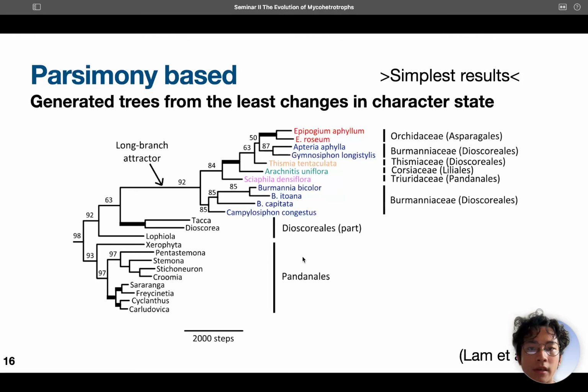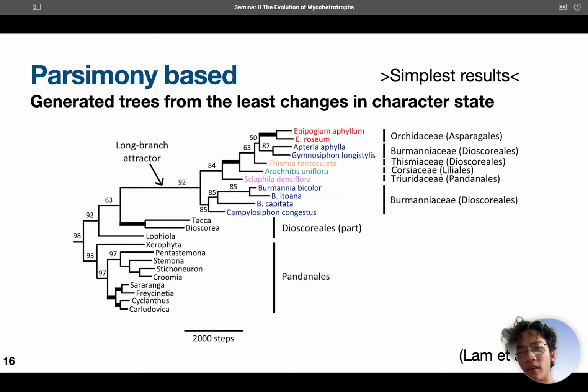So what is wrong here? The long branches tend to go together, because the algorithm of this analysis compares how different or how similar each taxon is, all together.